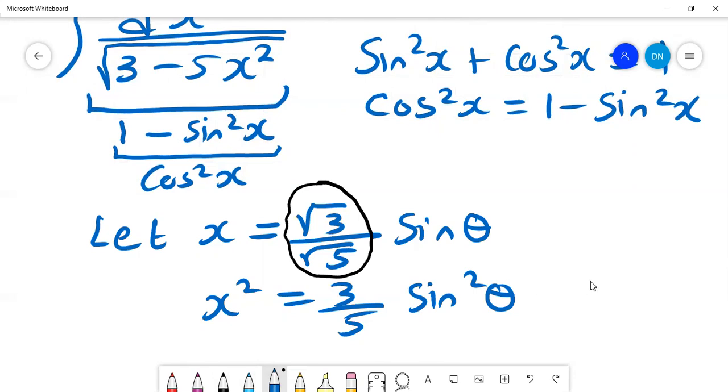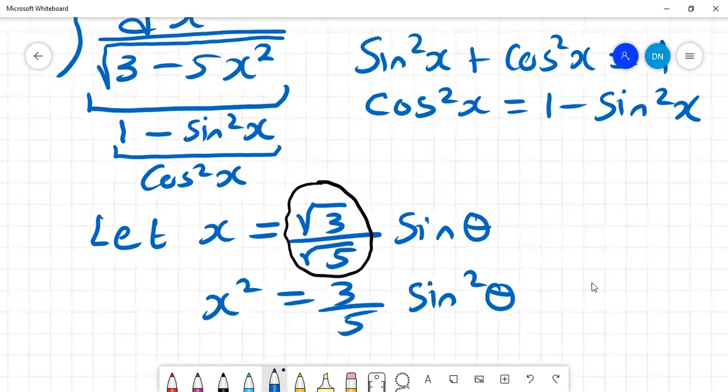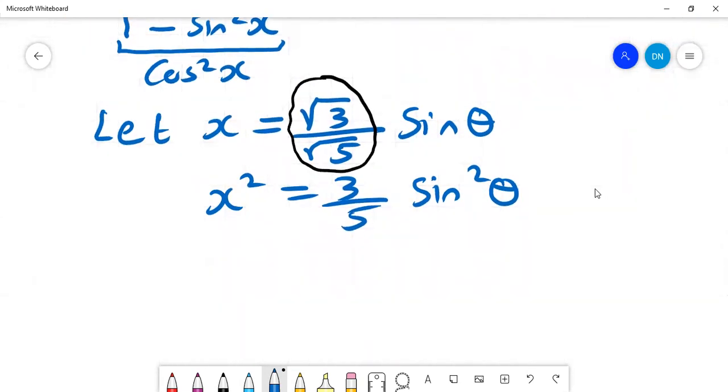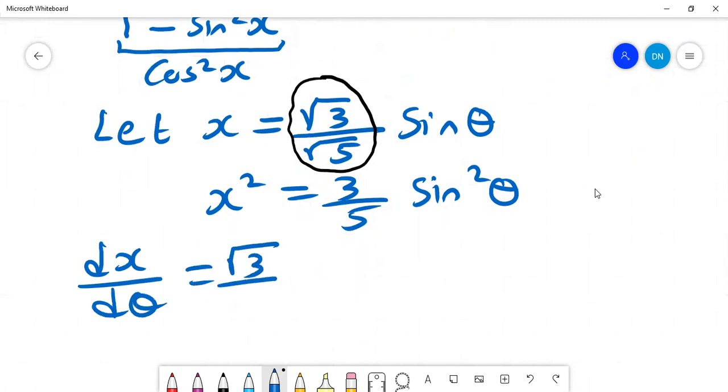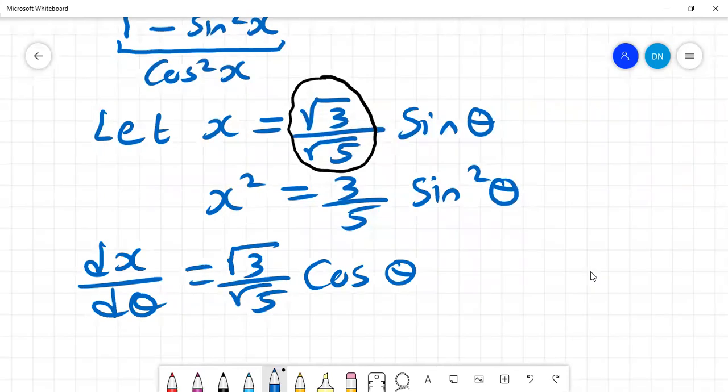So a number of things I know about this. I need to change from the x to d theta. So now I find out what dx d theta is. It will still be square root of 3 over square root of 5, and the d theta definitely changes. What do I get? I'll get cos theta. So now I have my x squared, and also I have my dx.